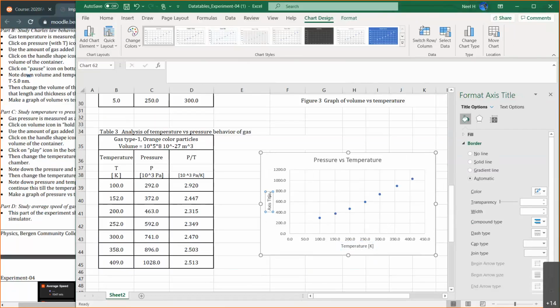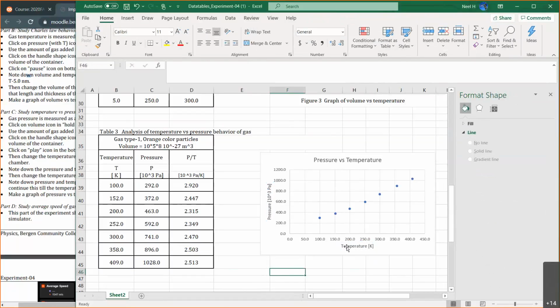And the vertical axis, pressure, unit going to be 10 to the power 3 Pascal. Okay.